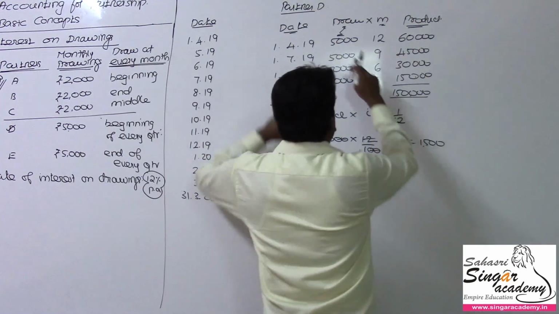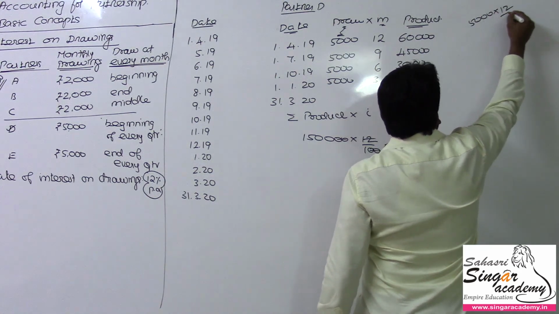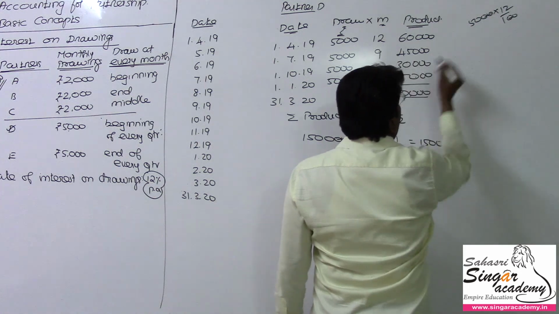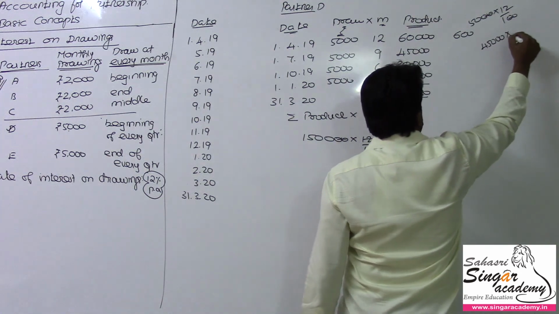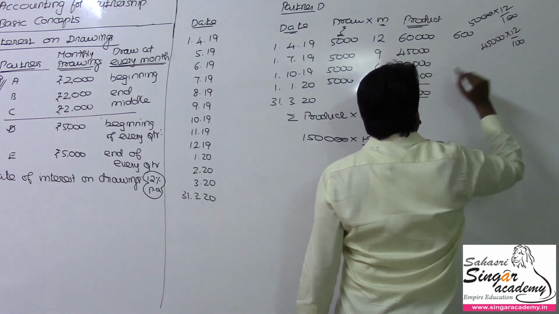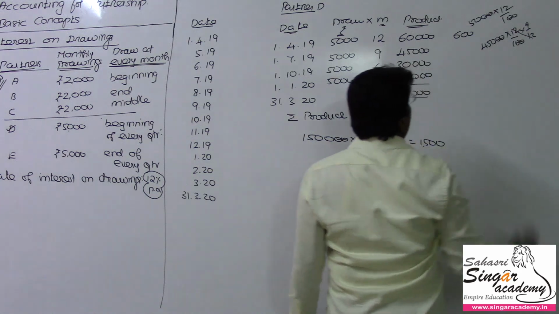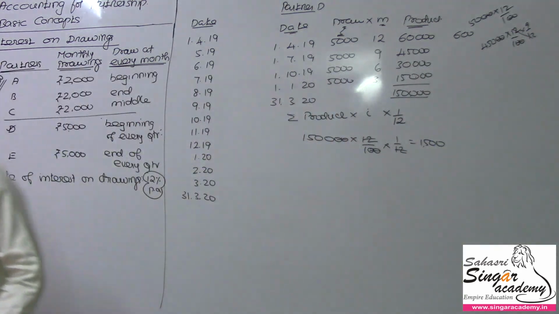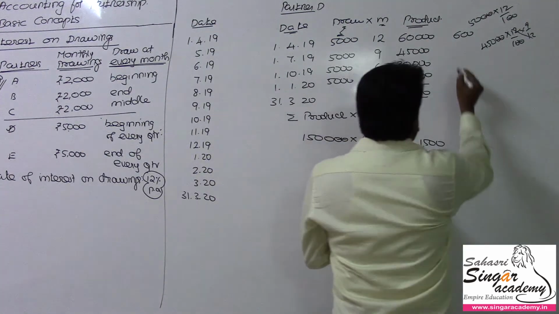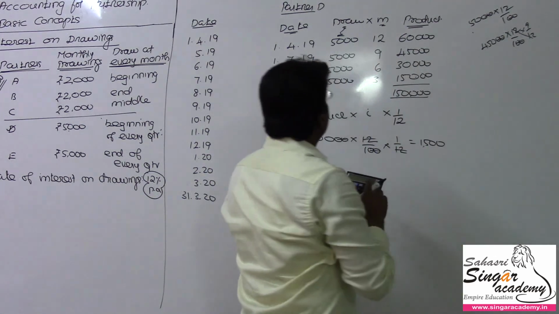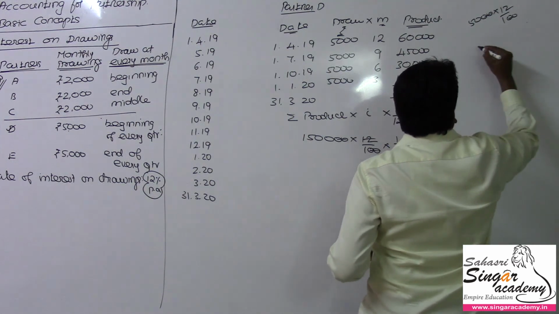If you want to do the direct method, for 5,000 for 12 months, the rate of interest being 12%, the value will be 600.